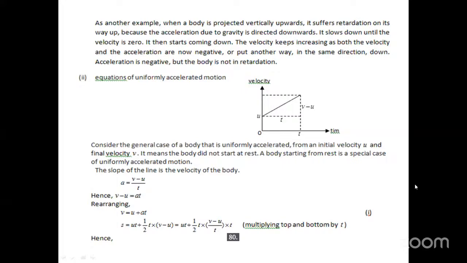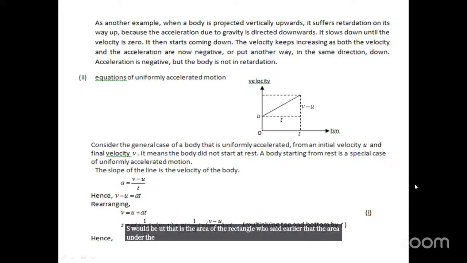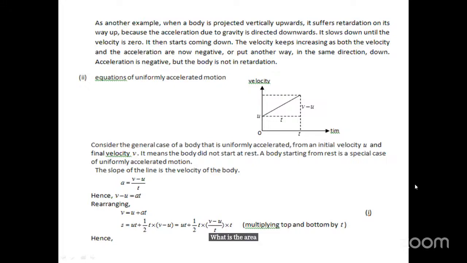S will be UT, that is the area of the rectangle. We said earlier that the area under the VT graph is the distance traveled. What is the area of that rectangle in the diagram? UT, right? What about the triangle?